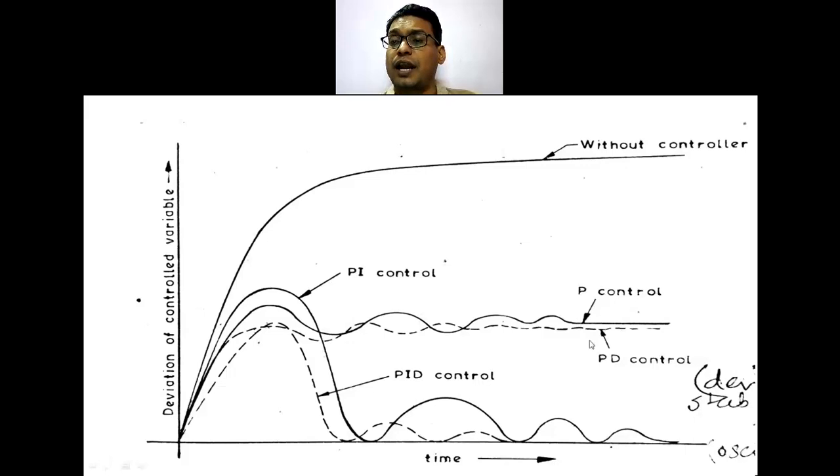For the proportional controller and the proportional derivative controller, there is an offset, that is, the controlled variable does not attain the value of the set point. However, when the integral action is incorporated, the offset becomes 0. Even though oscillations are there in the case of the proportional integral controller, the derivative reduces the offset.